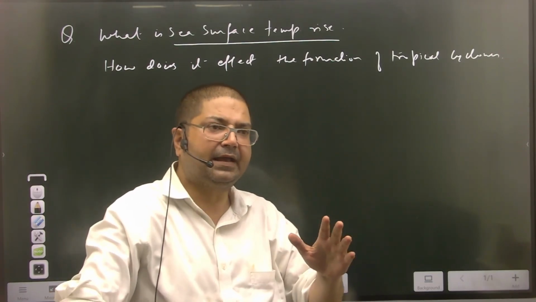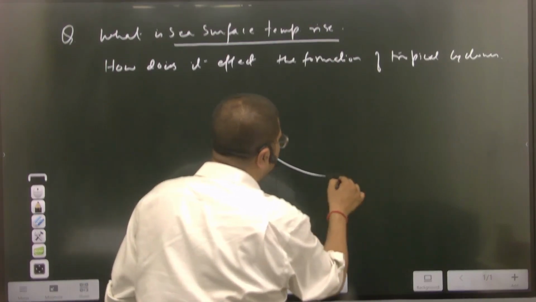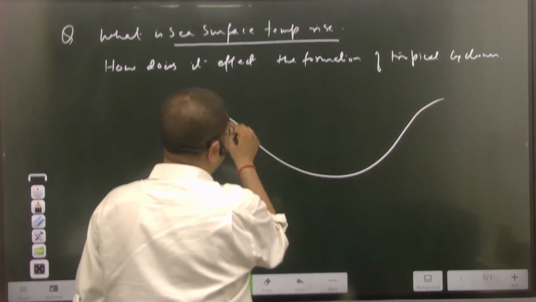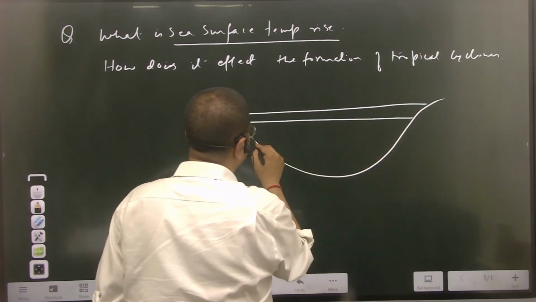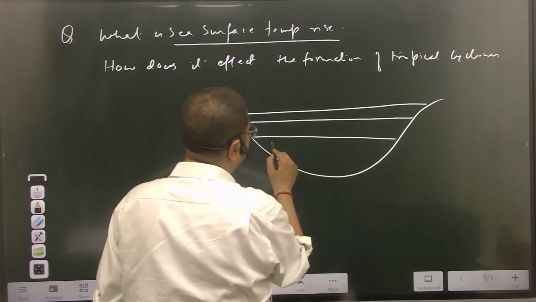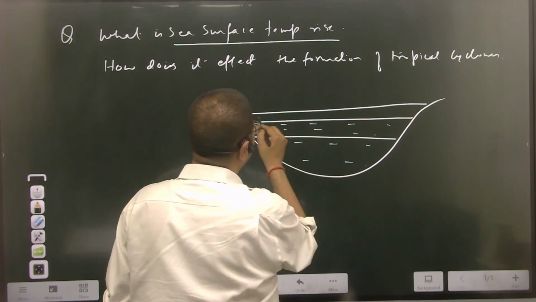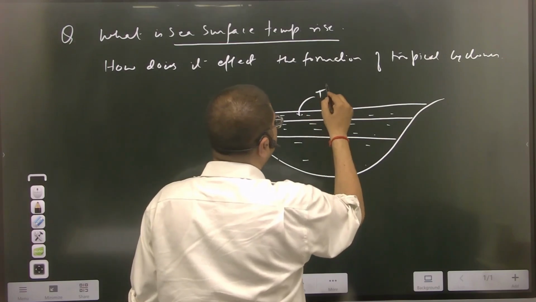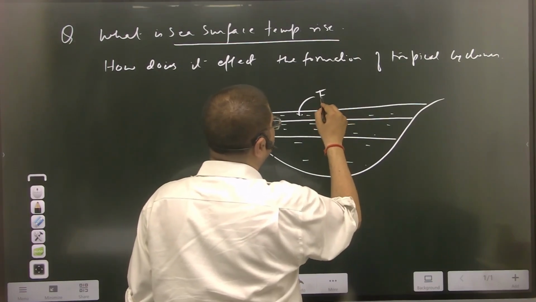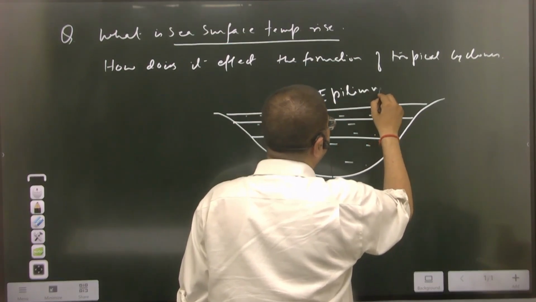Now, oceanic water can be divided into three layers. Upper layer, that is warm circulating layer. The uppermost layer is known as epilymnion.